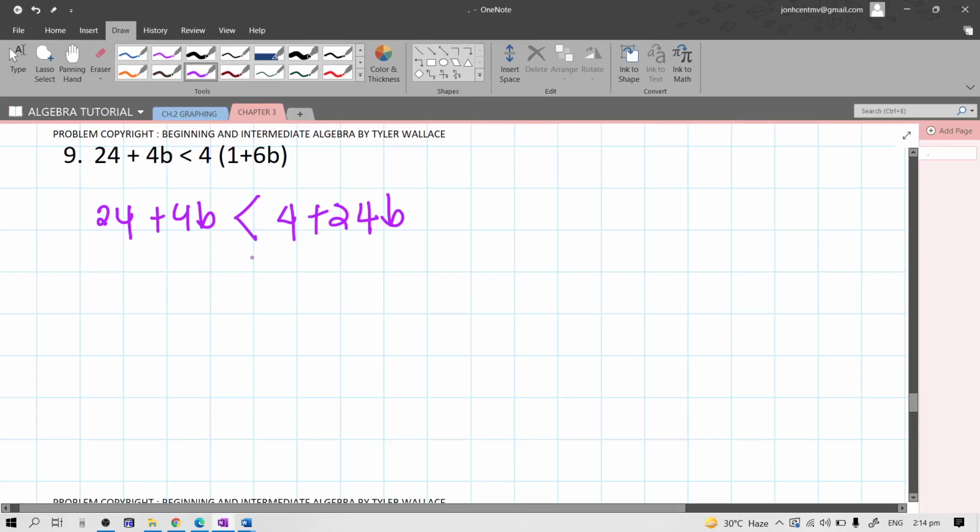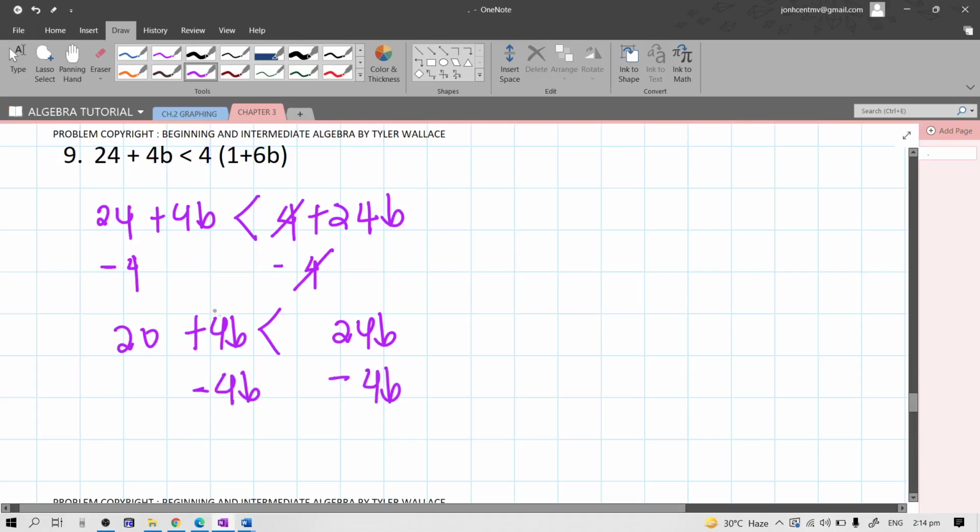So, ganun pa rin naman yan. So, unahin muna natin yung mga numerical coefficient lang. So, we have negative 4, and we have 24b less than, we have 20 plus 4b. Okay? Then, we have negative 4b, negative 4b.